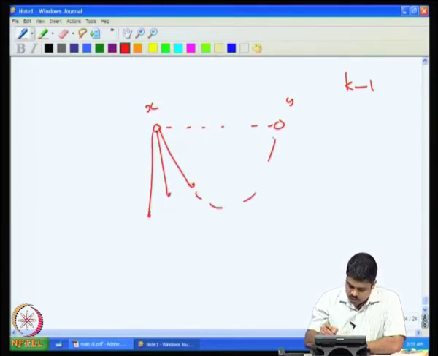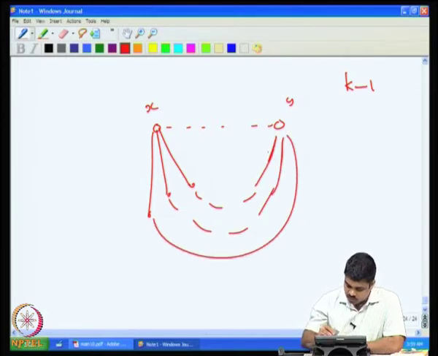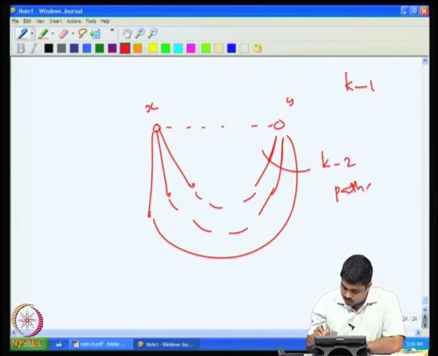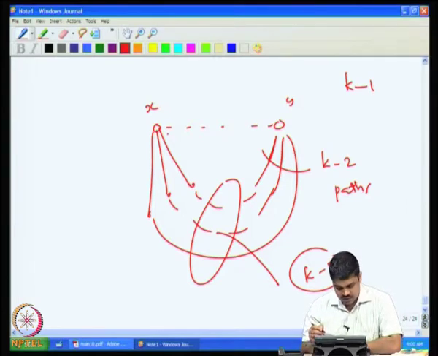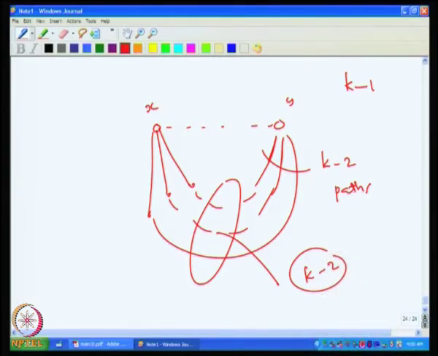At most k minus 2 paths are left. But if there are k minus 2 vertex disjoint paths between x and y, then we can remove a set of cardinality k minus 2 and separate x from y.